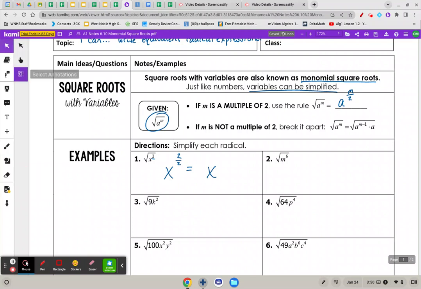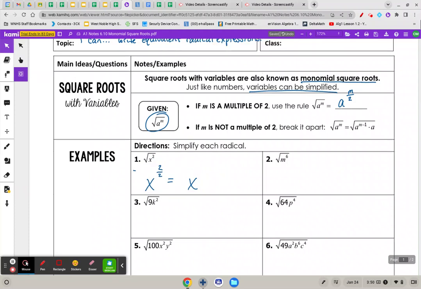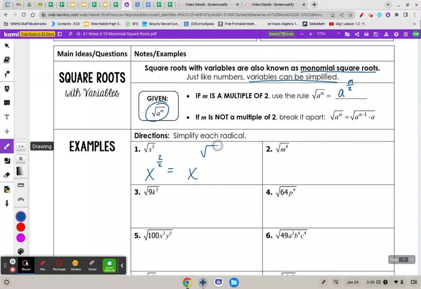Another way to think of this, and how I like to teach my students, is to think that x squared is really just x times x. There's 2 of them. Because it is a square root, I'm looking for groups of 2. So if I have a group of 2, I can take one of them out. So my final answer then is just x.